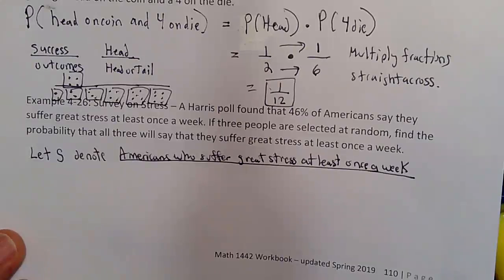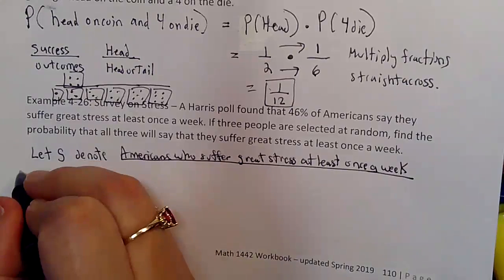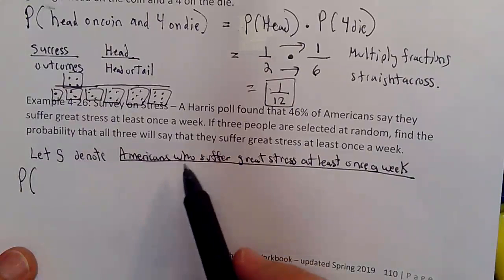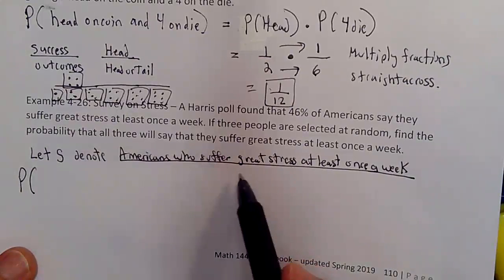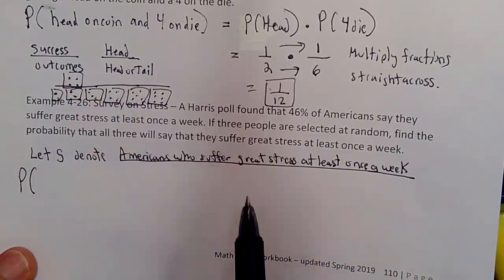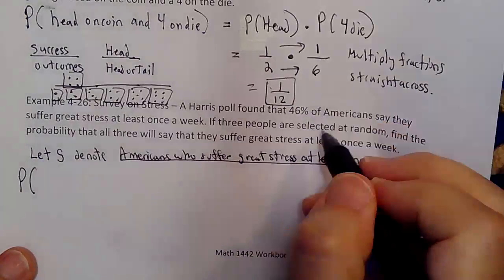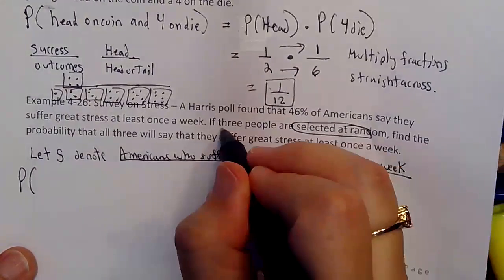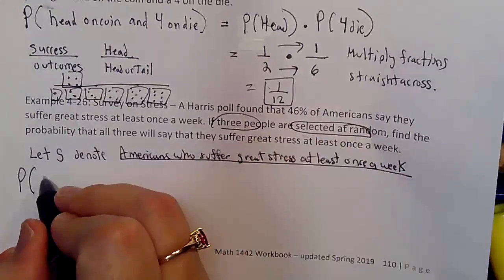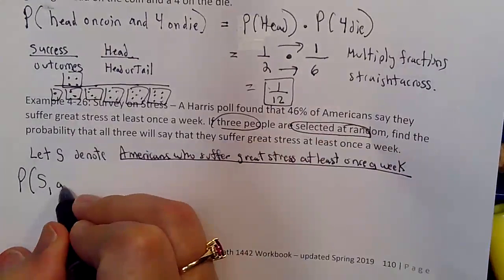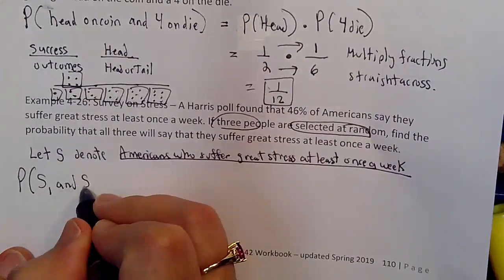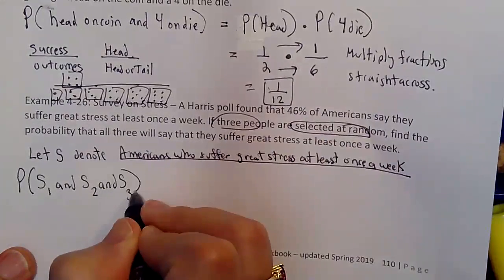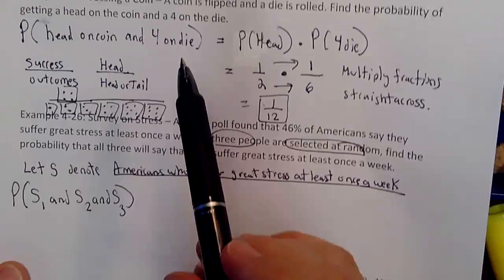So I'm going to put a probability, but since I've already said S represents the Americans who suffer great stress, and since we're selecting 3 people at random, I'm going to use subscripts: S sub 1, S sub 2, and S sub 3. That's because I'm trying to apply the definition.